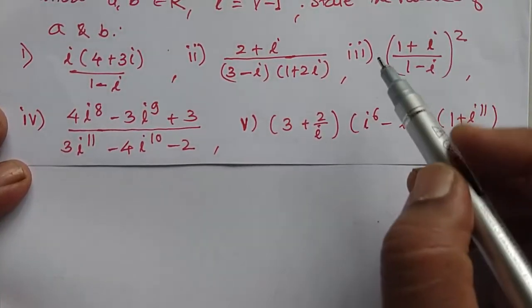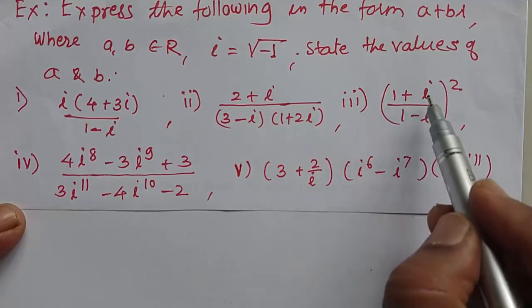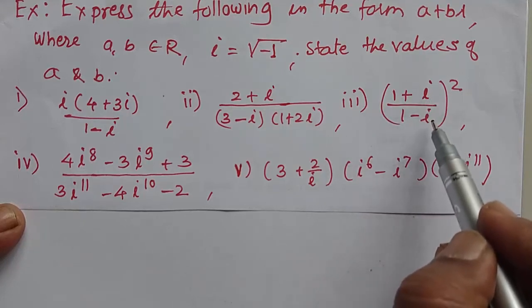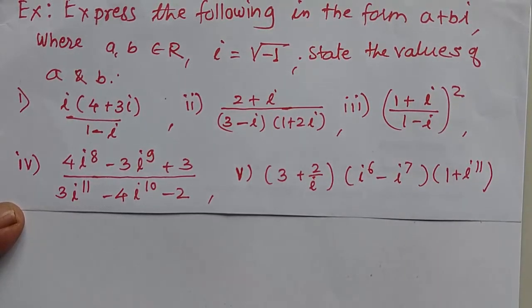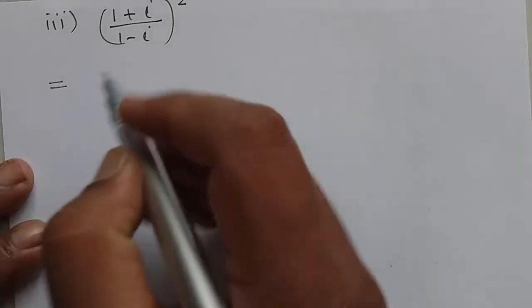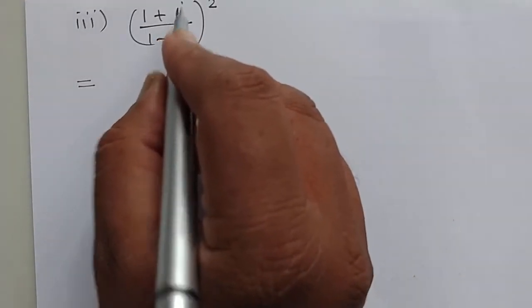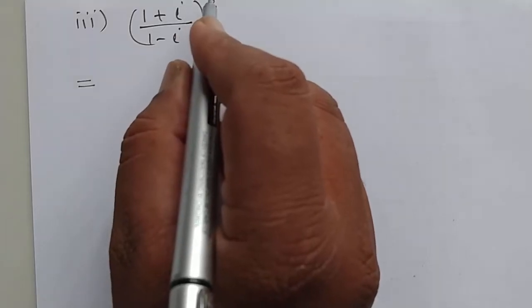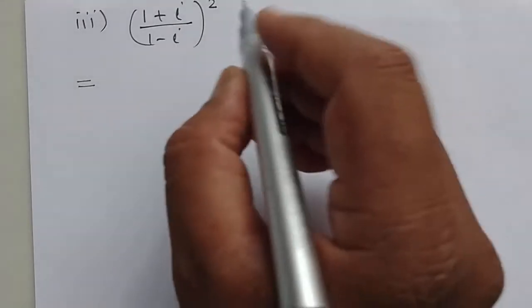Now next, third example: (1 plus i upon 1 minus i) bracket square. Therefore, the given expression is equal to, now we know that (a upon b) raised to m is a raised to m upon b raised to m by laws of indices.